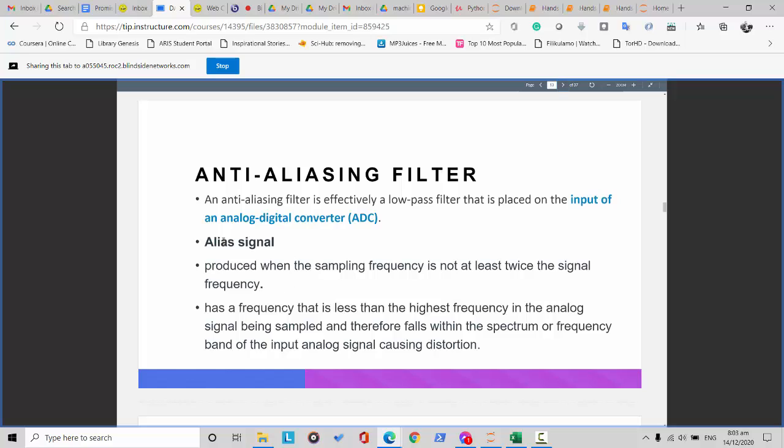An alias signal has a frequency that is less than the highest frequency in the analog signal being sampled, and therefore falls within the frequency band of the input analog signal, causing distortion. So we can relate the alias signal to distortion of signals.